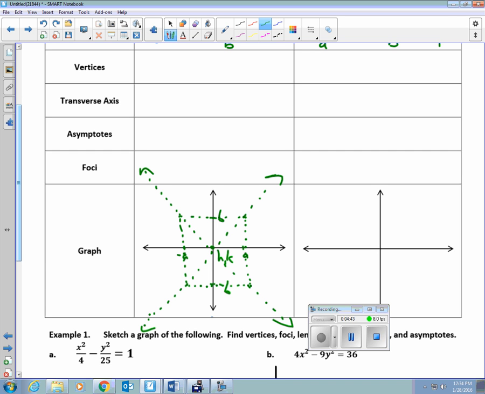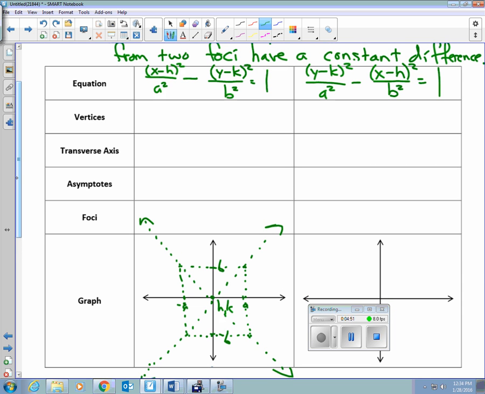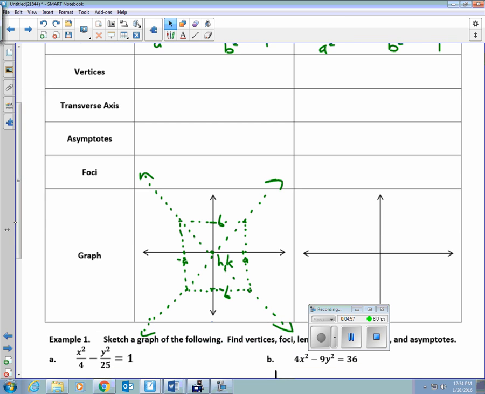Does this hyperbola open up horizontal or vertical? If x is positive, it opens up horizontal. So here's what will happen. If it opens up horizontal, then it's on the sides of the box that the vertices are located.